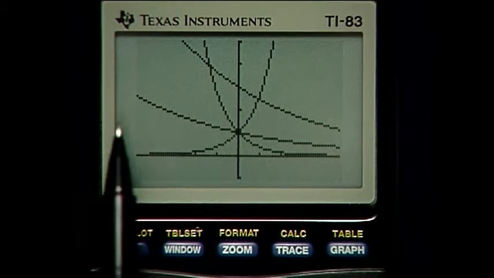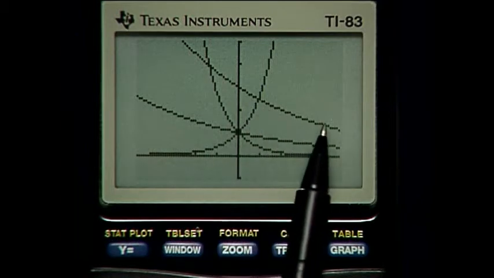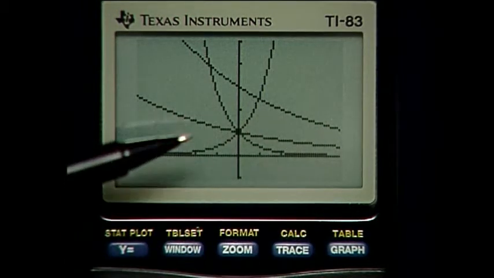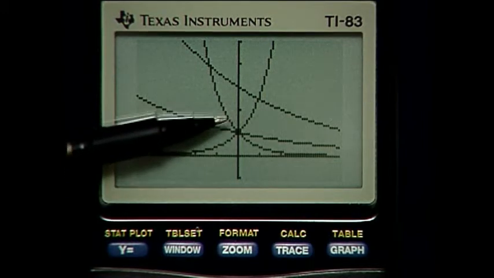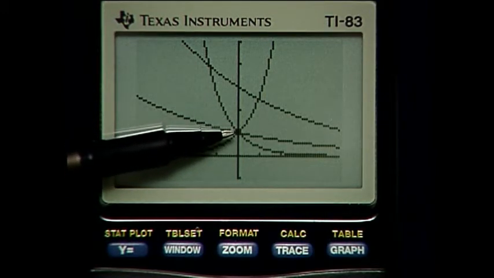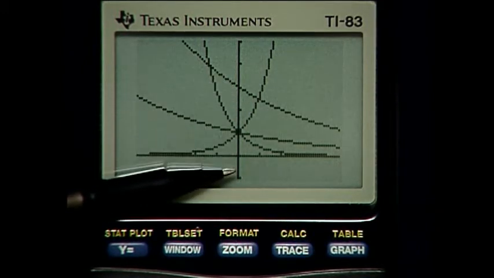Now, in going from this graph to the graph of the equation we were talking about, we are multiplying by 3, which means that every vertical distance on this graph is multiplied times 3. Here's the point 0, 1. That vertical distance is a distance of 1, and the vertical distance on our graph is a distance of 3.